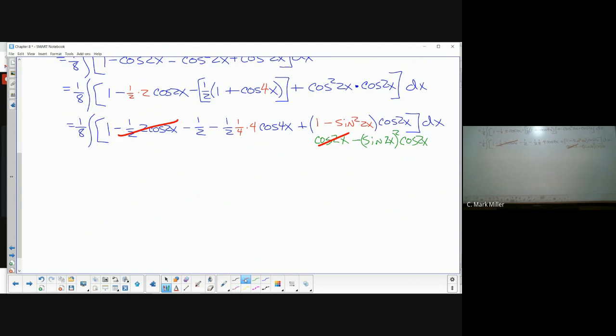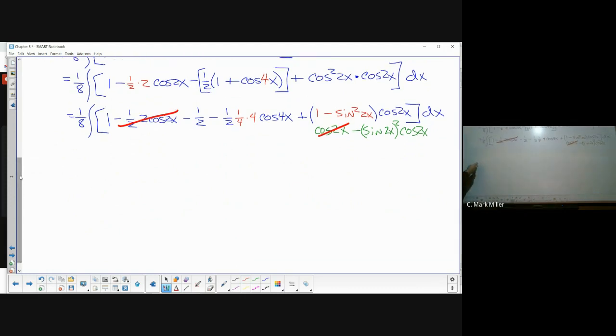Okay. So I'm going to write one more clean line here. And I'm going to combine like terms. Believe it or not, we're almost ready to go. 1/8. We have a 1 right here. You see that 1? Then a minus a half right here. So 1 minus a half is 1/2.